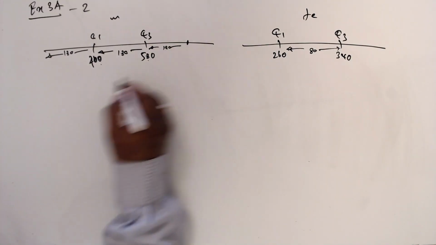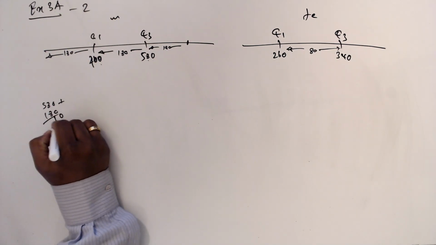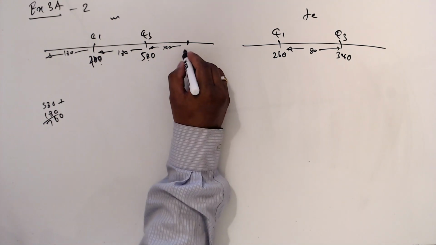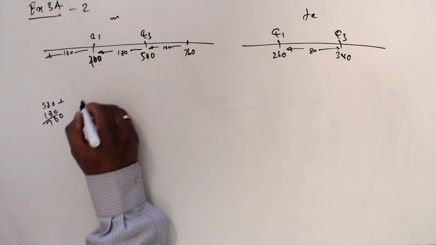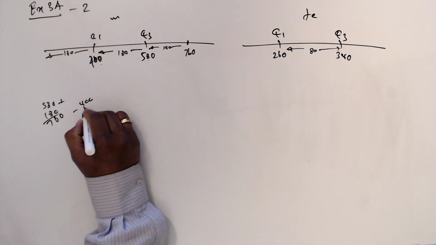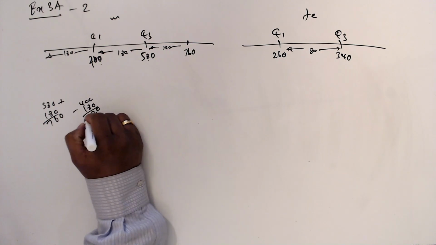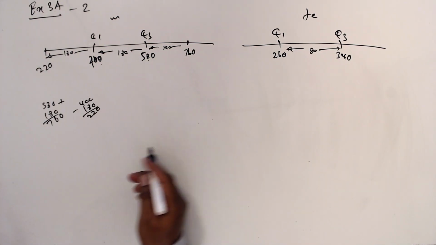So this value is 580 plus 180, 760, and this is going to be 400 minus 180, 220. This is one boundary.